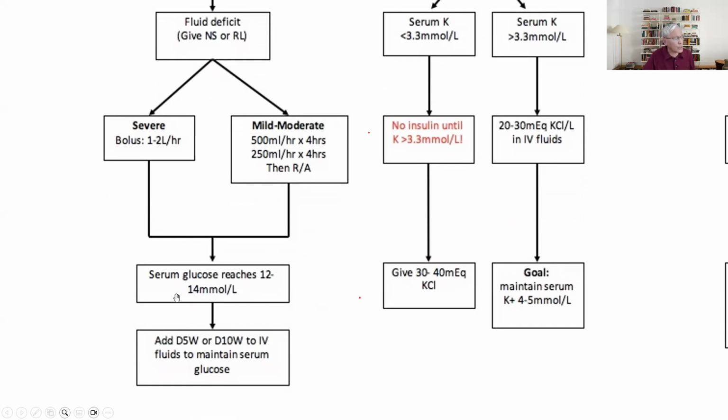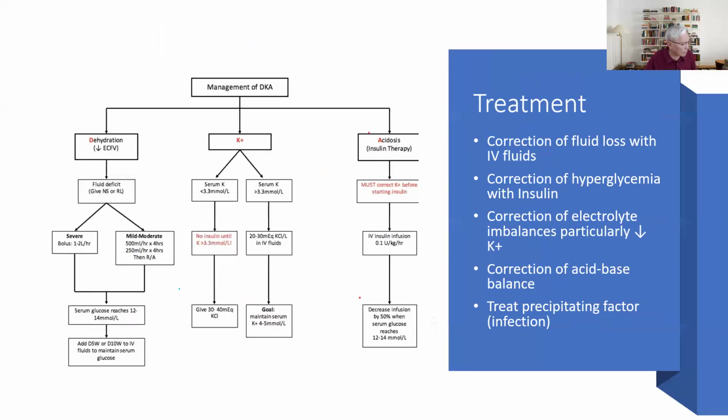So the hallmark here is once the serum glucose reaches around 12 to 14 milliosmoles per liter, that is around 216 milligrams. We are now going to use D5 in water or D10 in water IV fluids to maintain the serum glucose.